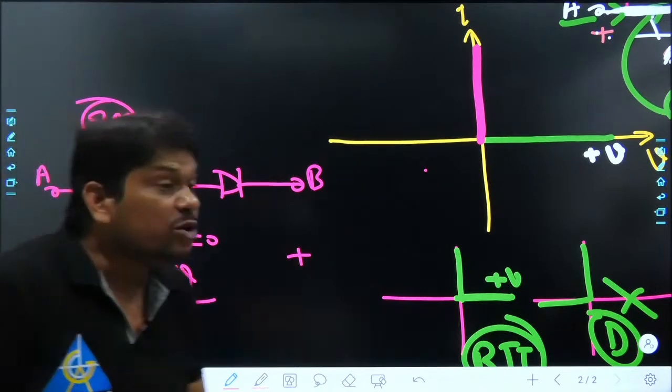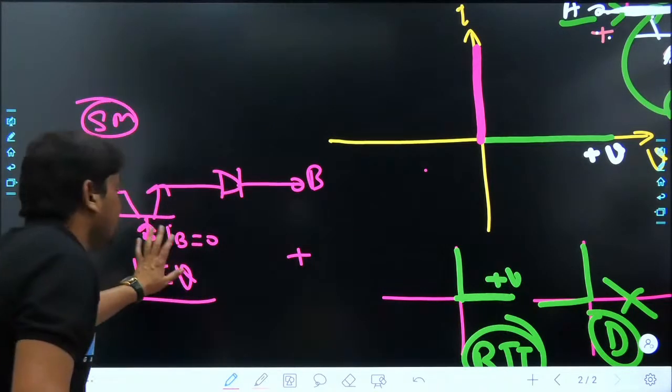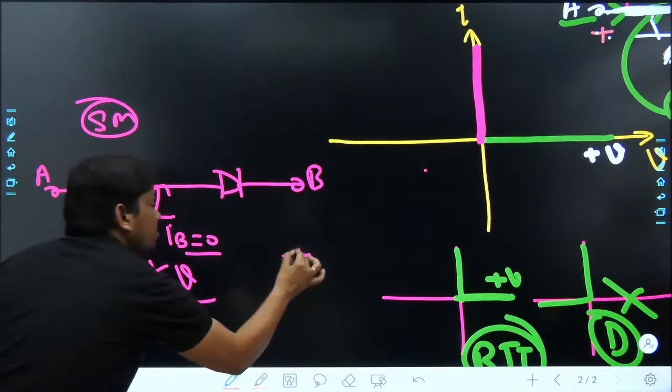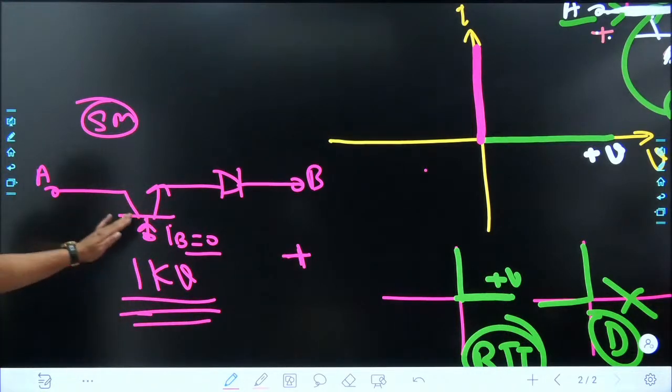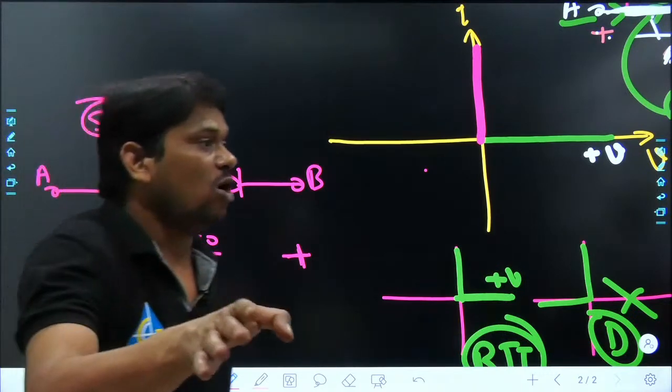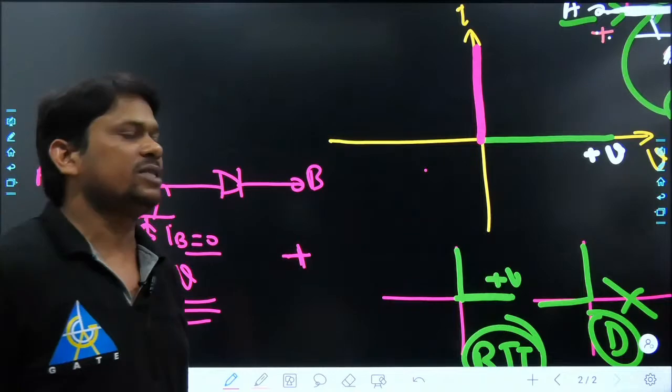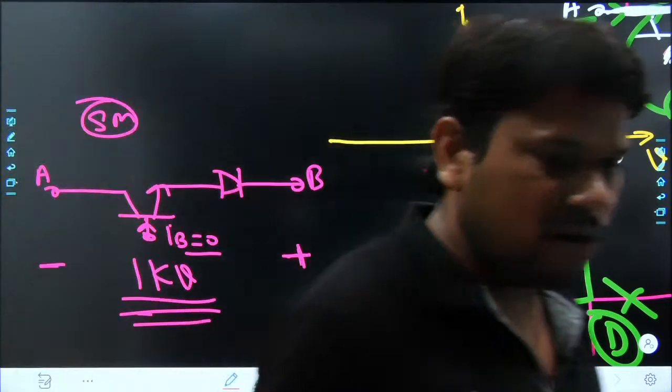If we are not providing this base current, my dear friend, the base current is 0, but we are providing a negative-positive voltage of 1 kV, will this switch module be on or off? Everyone please, I need an answer from your side.